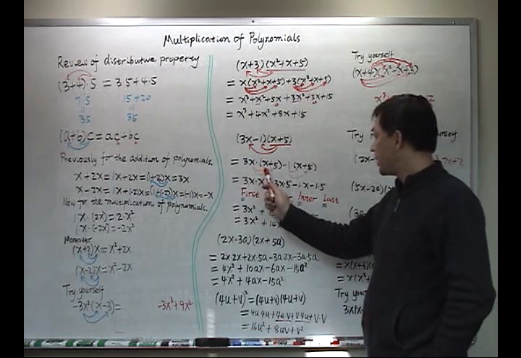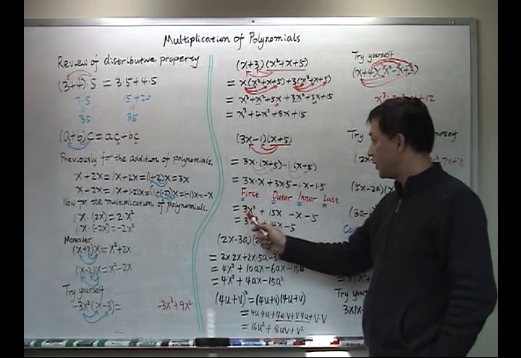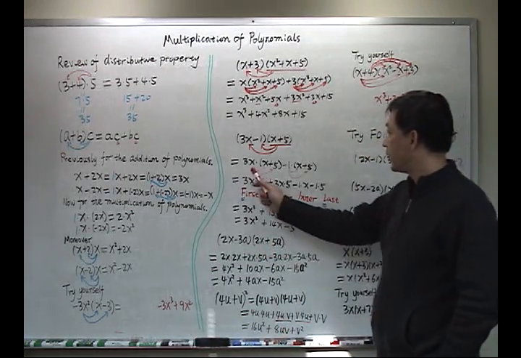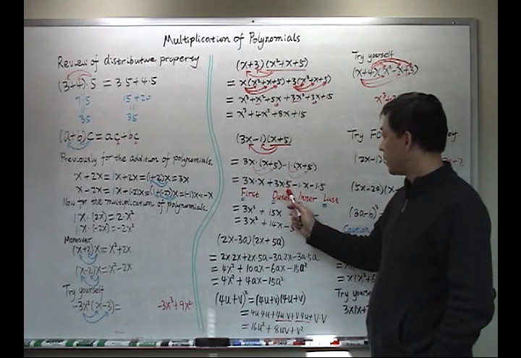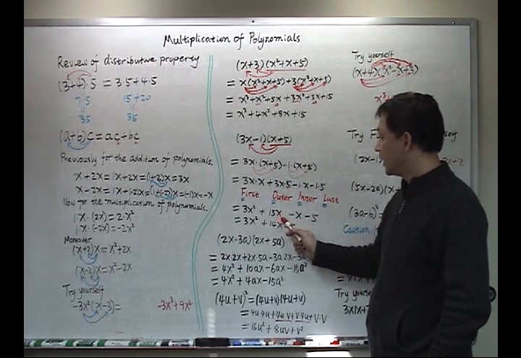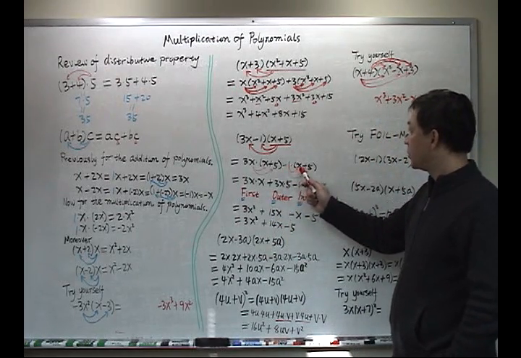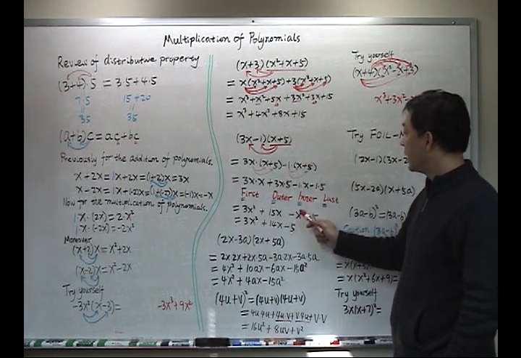So 3x times x gives us 3x squared. And then 3x times 5 is 15x. Negative 1 times x is negative x.